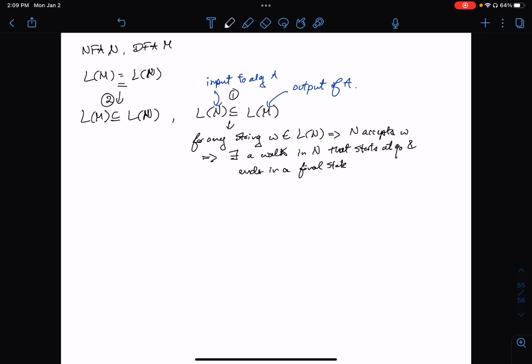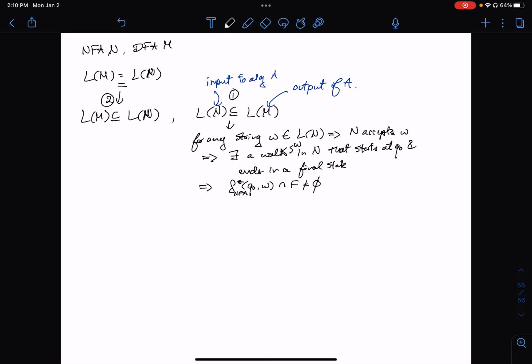So there exists a walk, of course, labeled W, right? So you have to read the whole string. And formally, this means that for the extended transition function of the NFA, if you start at Q0 and you read W, if you intersect that with F, you get at least one final state.